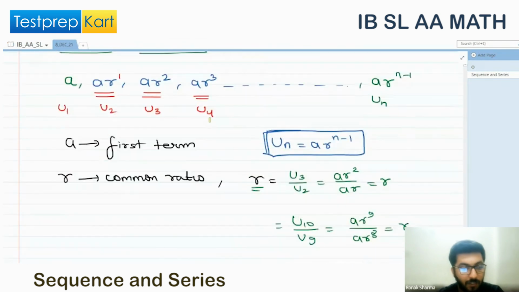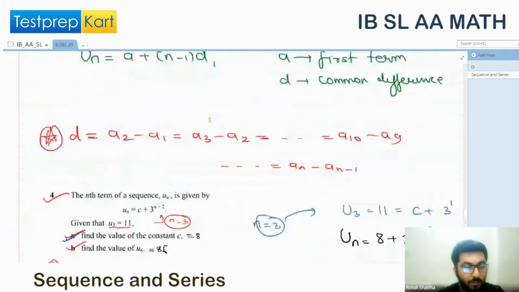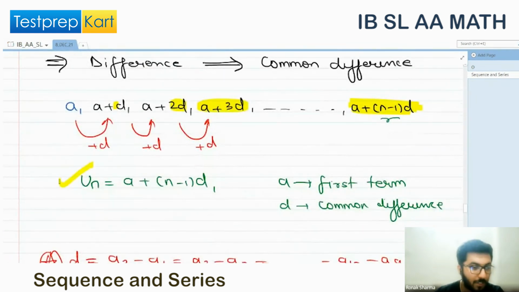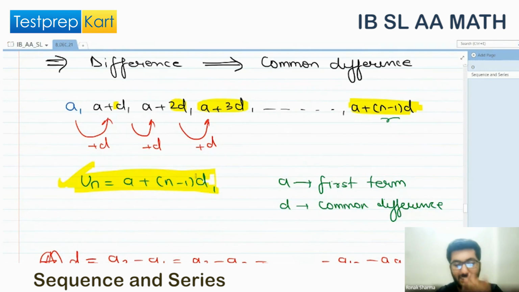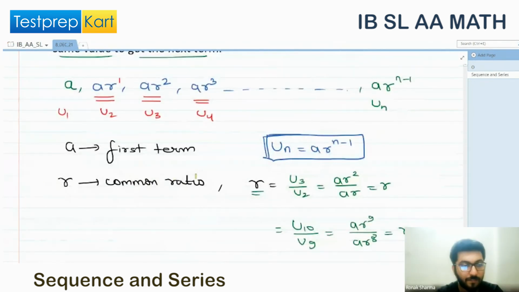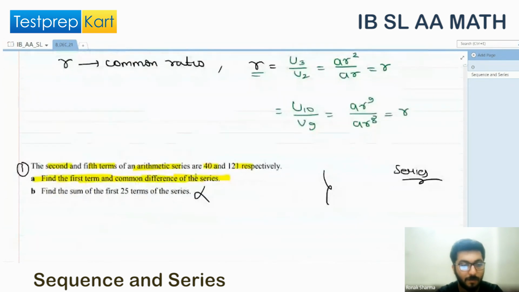But before starting this question, I want you to learn these formulas. Have you learned this formula? What is Un? A plus n minus 1 d. What is Un for a geometric series? It is A into R power n minus 1.